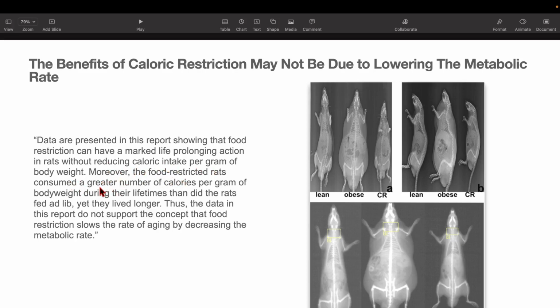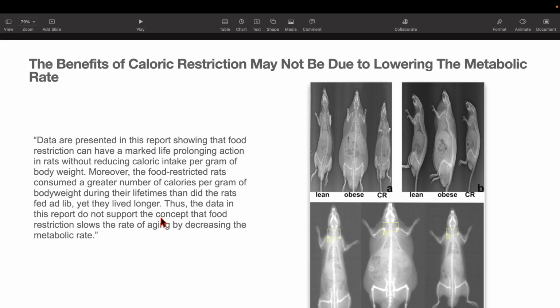Moreover, the food restricted rats consumed a greater number of calories per gram of body weight during their lifetimes than did the rats fed ad libitum, yet they lived longer. Thus, the data in this report do not support the concept that food restriction slows the rate of aging by decreasing the metabolic rate.